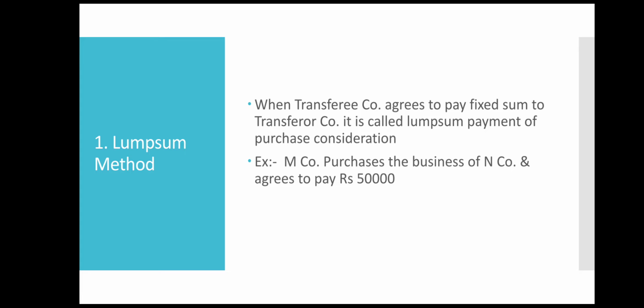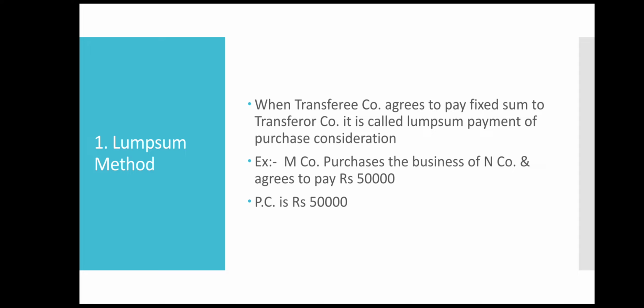So the amount which is agreed to be paid by M company to N company, that is the amount of purchase consideration. So our answer will be purchase consideration is rupees 50,000. Very simple method. Okay, the amount will be clearly given in the problem. You need not do any calculations for that. So this is the first and easy method of calculating purchase consideration.